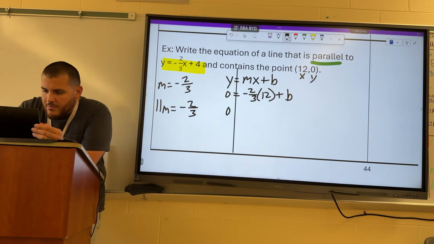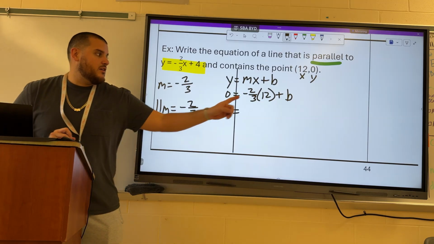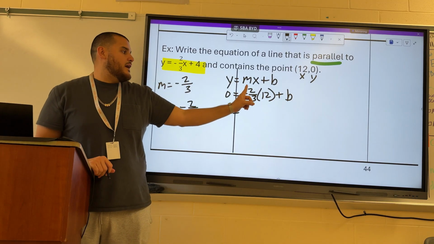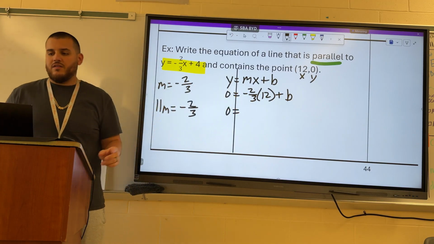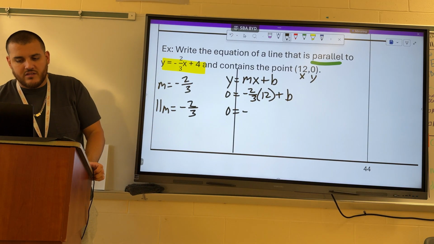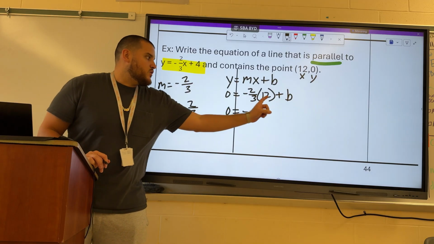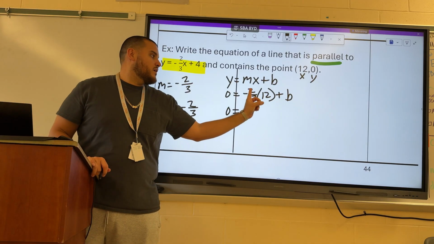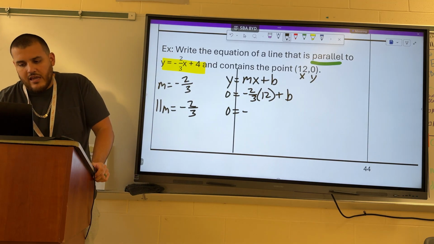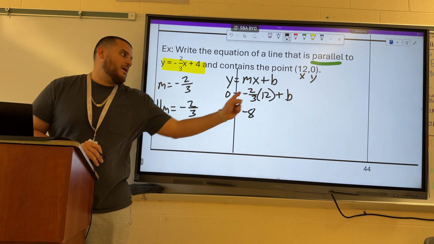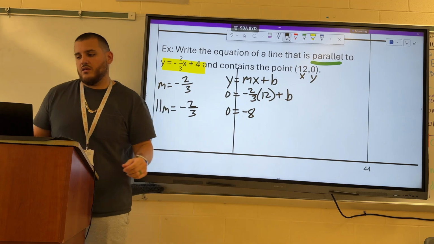Remember, to multiply by a fraction, you take your number, multiply by the numerator, and then divide by the denominator. We have a positive times a negative here, so we're going to end up with a negative result. 12 times 2 is 24, and 24 divided by 3 gives us 8. So we get -8 as a result of positive 12 times -2/3.